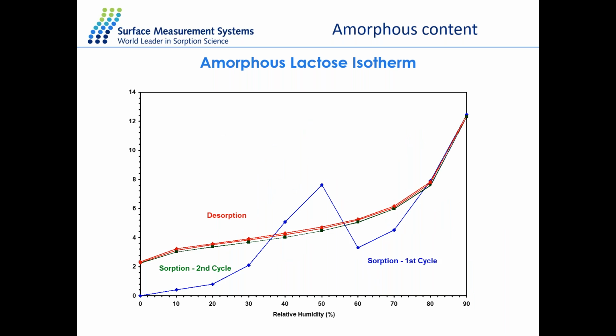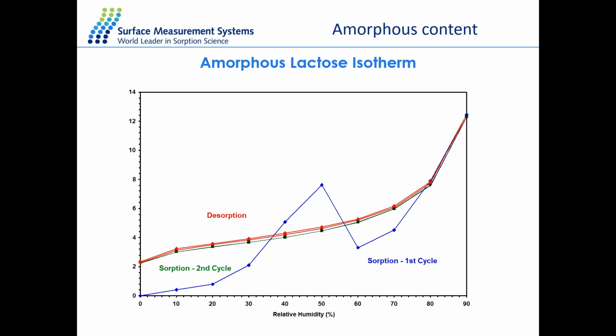If we look at the isotherm plot, we have absorption, then a mass drop right here, and then the desorption stage changes completely. In the second cycle, there is no transition left because there is no mass drop left.